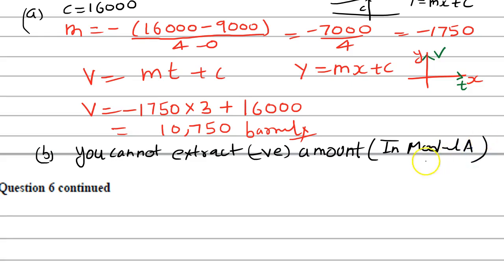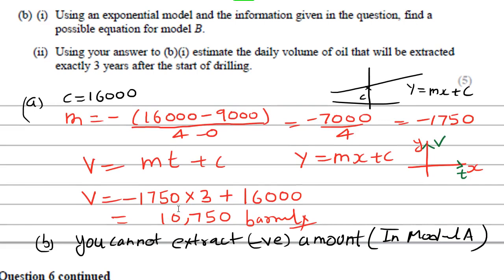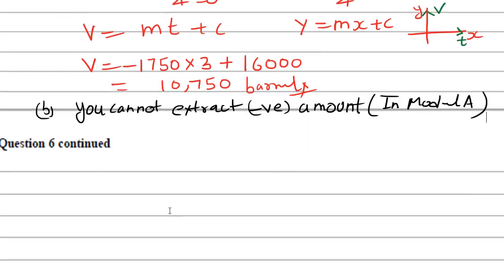Now B part, they are saying using an exponential model and the information given in the question, find a possible equation for model B. Whenever they say exponential model, it always comes to our mind that y is equal to e to the power x, or a to the power x.